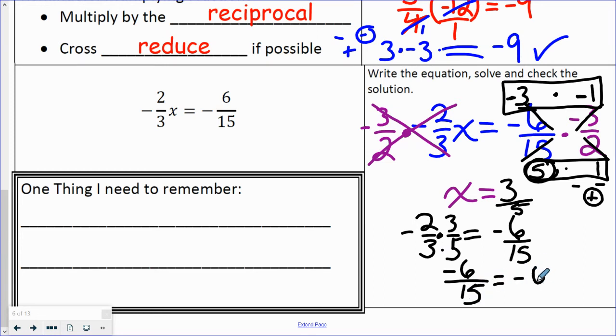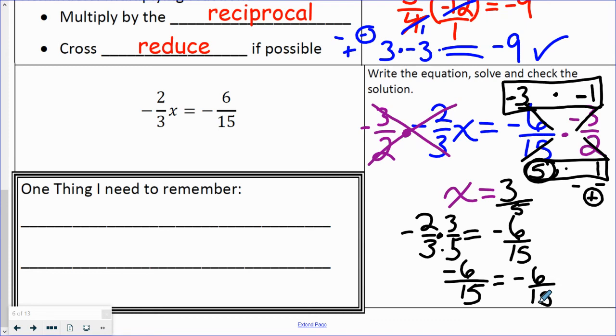Now, are these reduced? No. If my 6/15 would have been a reduced fraction, like it should have been, I would have cross-canceled my 3's and got a -2/5. So when you're checking your work, you might not always want to cross-cancel. If you notice what you're trying to equal is not a reduced fraction, then don't cross-cancel.